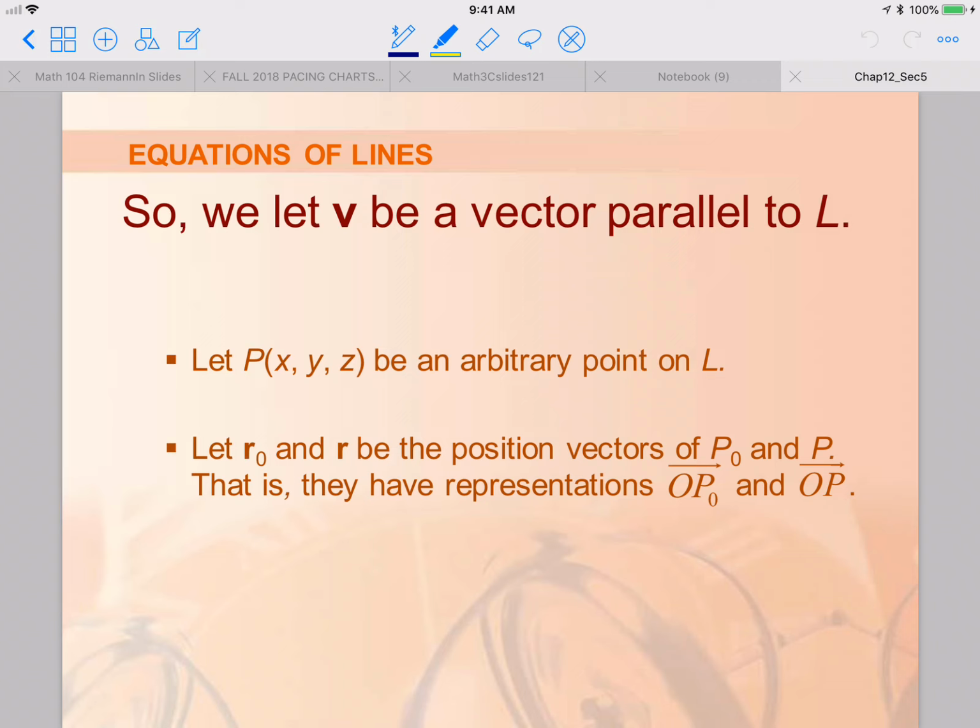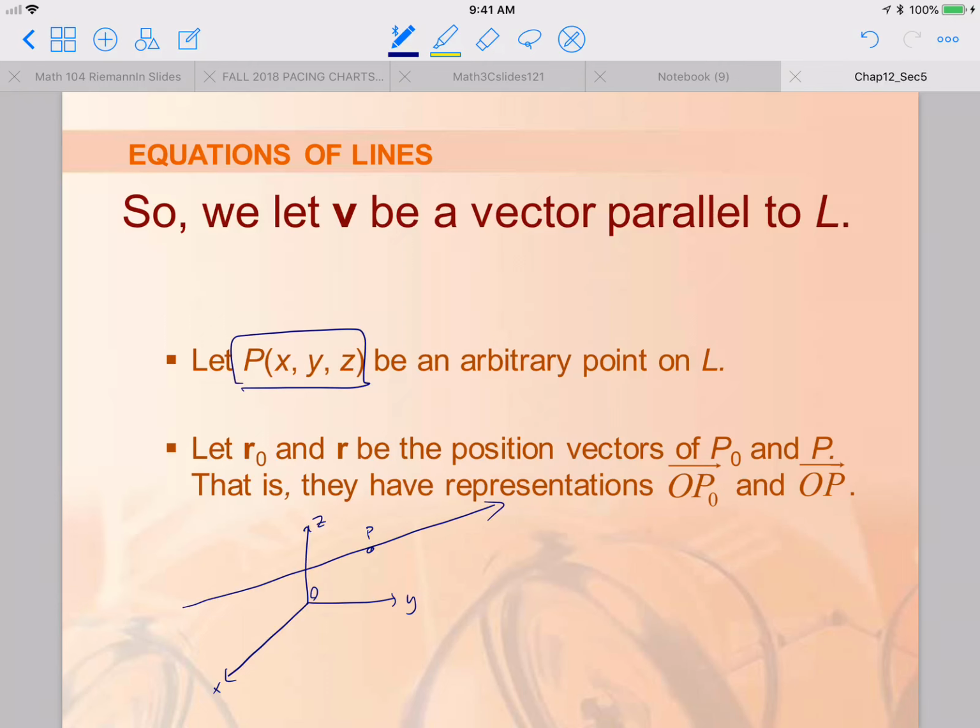Now, from this, we can form the position vectors of P naught and P. So r naught is going to be the position vector of P naught, and r is going to be the position vector of P. And here, O refers to the origin. So if this is x, y, z, and O is the origin, then P is an arbitrary point, and say this is our line.